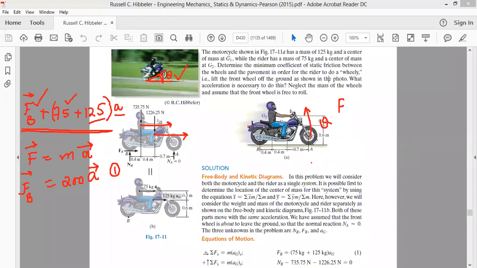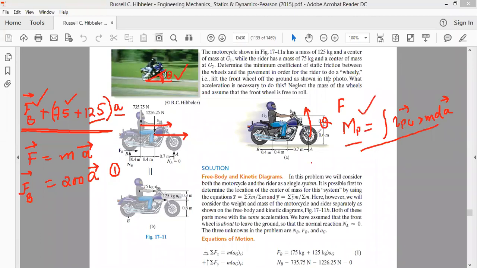That's why I told you at the start of this class that the summation of all the moments about any point P is equal to R, the radius vector drawn from point P to C, cross M dA. This is the rotational motion. Why are we using the concept of rotation, torque, and so on?